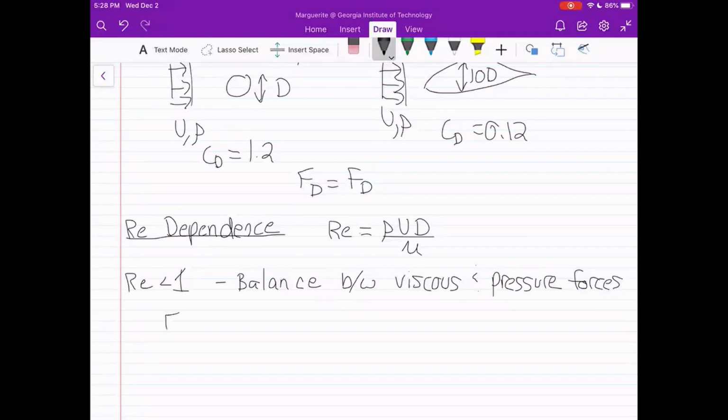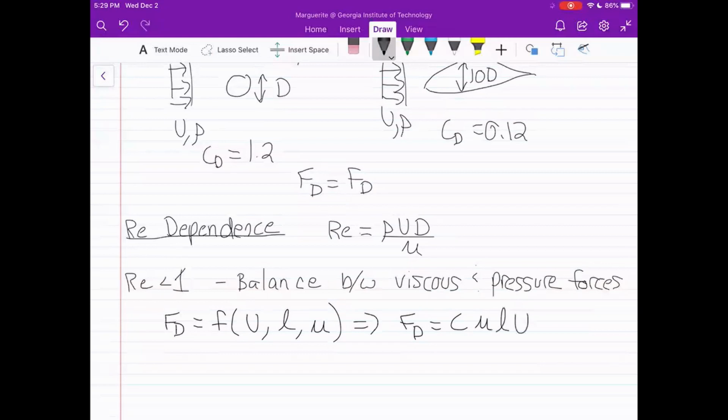In these cases, our drag force depends on velocity, the length scale that you're working with, and the viscosity. If you do some dimensional analysis on this, you end up getting that FD equals C times mu, viscosity, times length times velocity.